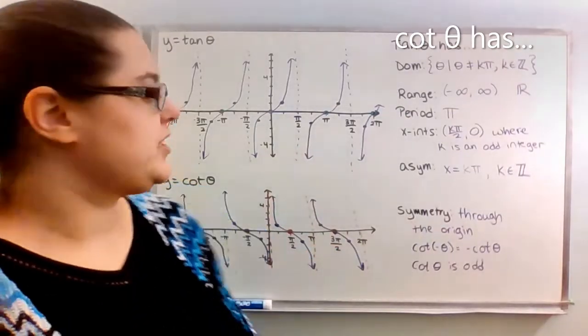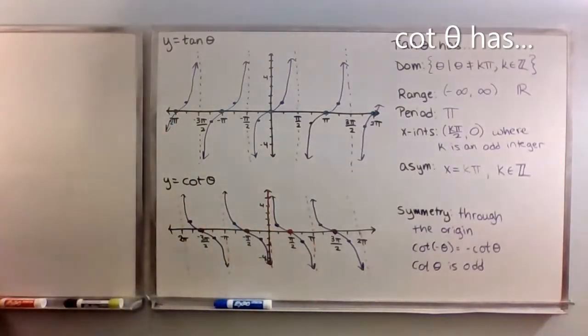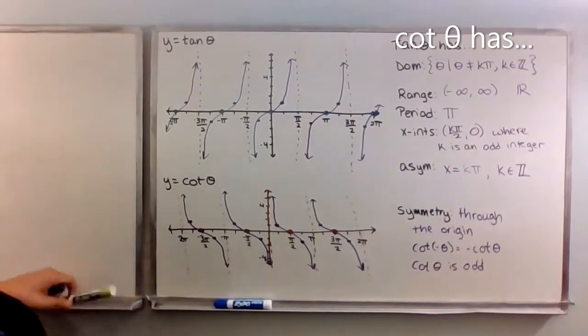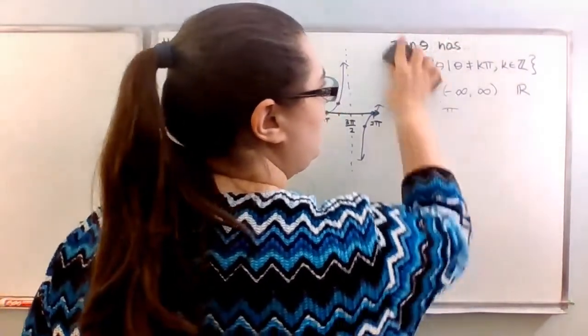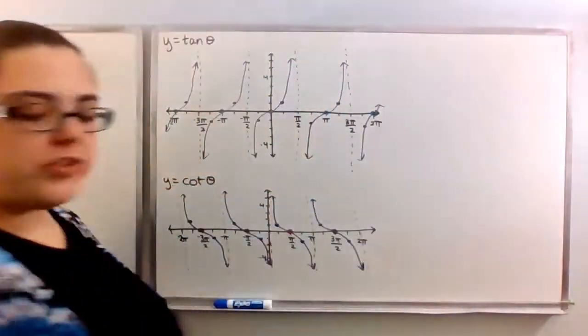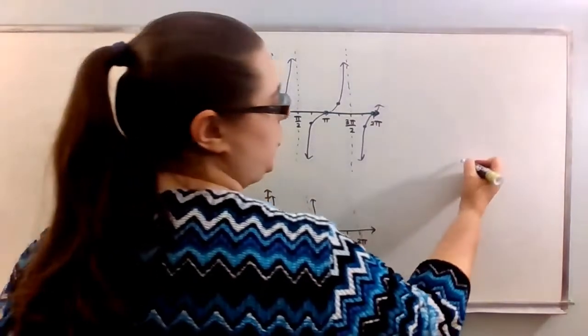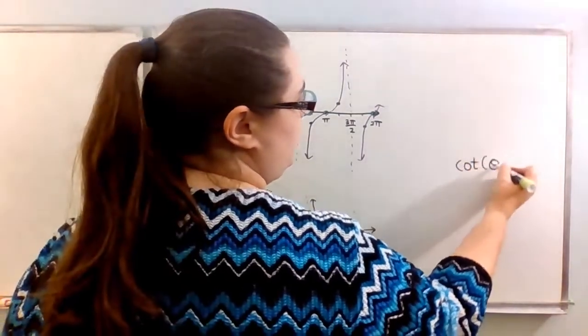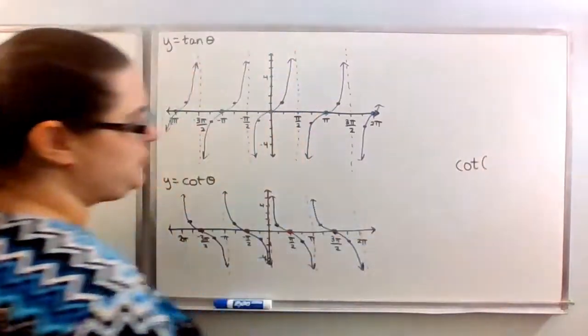So let's give ourselves some space here on the board and think about how we might need to do that. Let's start out with cotangent and see how we can morph that into tangent. Well, just start out with cotangent of something here.